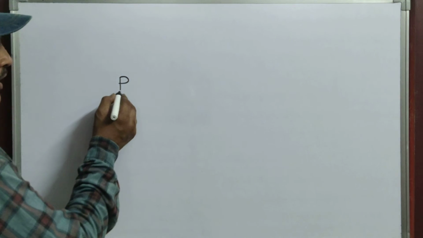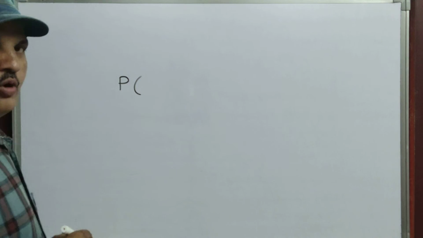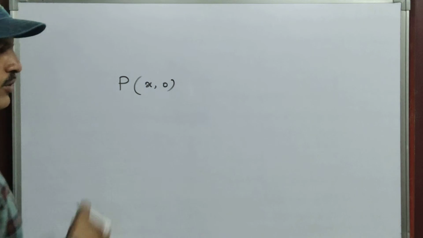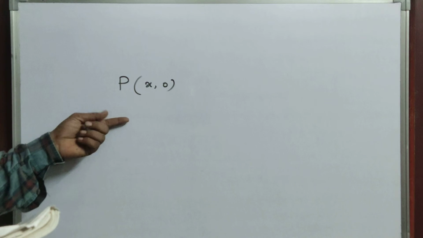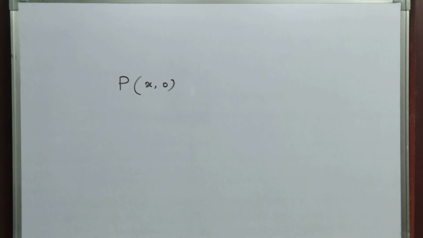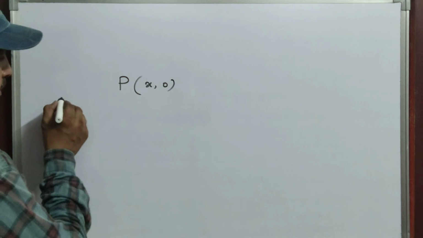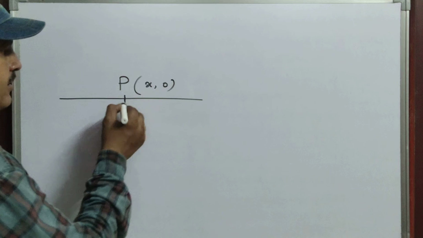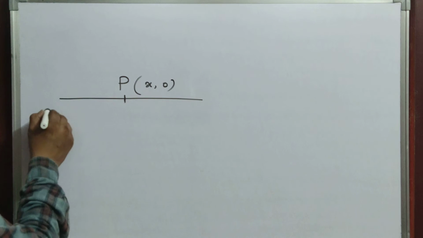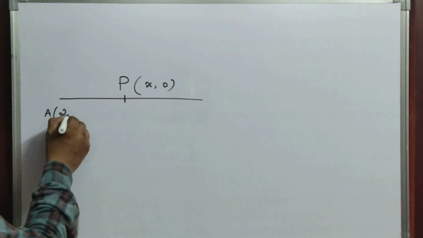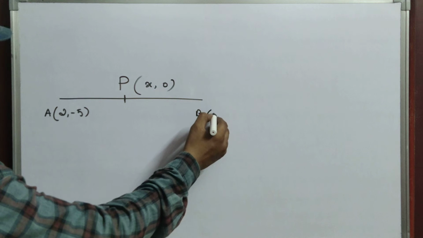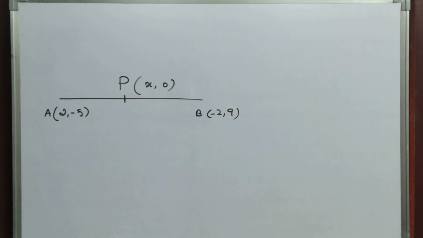Suppose I took the point as P. So it lies on what? The x-axis. That means y is 0. So (x, 0) is the point on the x-axis which is equidistant from A. It is not given as A, so I am taking A as (2, -5) and B as (-2, 9).